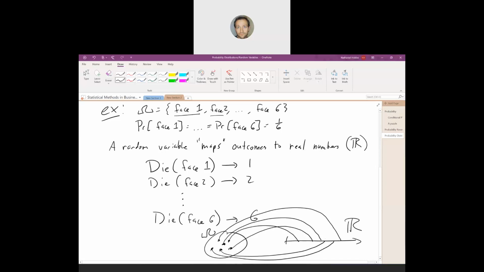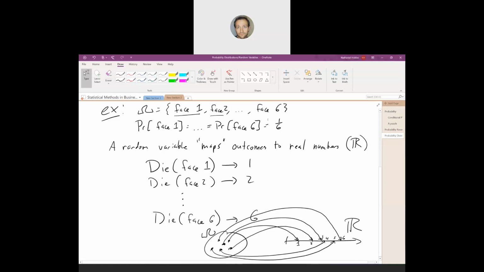Okay? So that is all that a so-called random variable does. It takes a set and just maps them into being some real numbers. So these are numbers that you can do things with. You can add them, you can subtract them, you can multiply them. You can do all of the things that you can do with numbers.